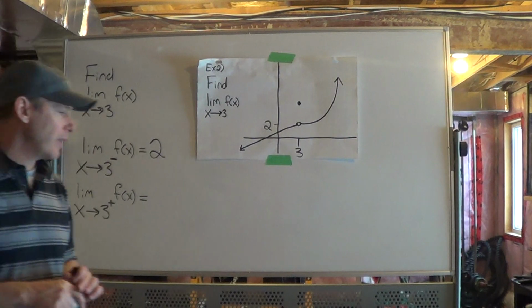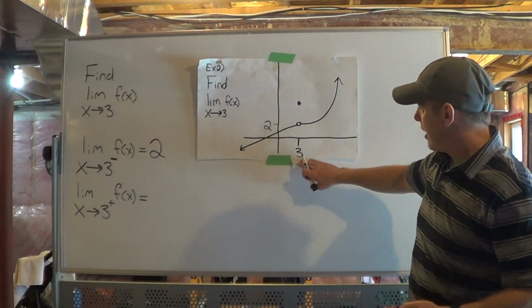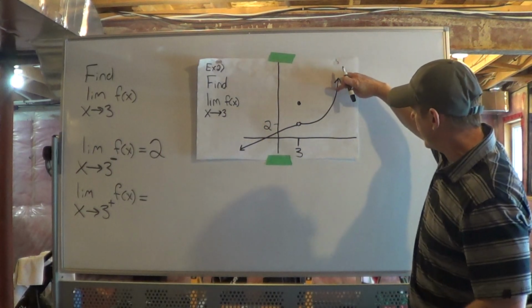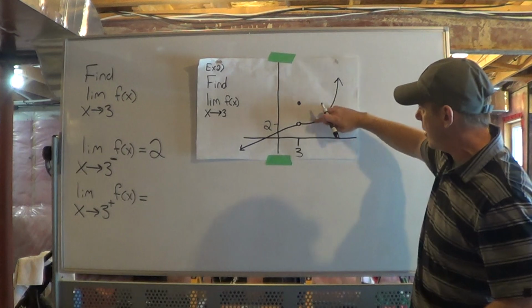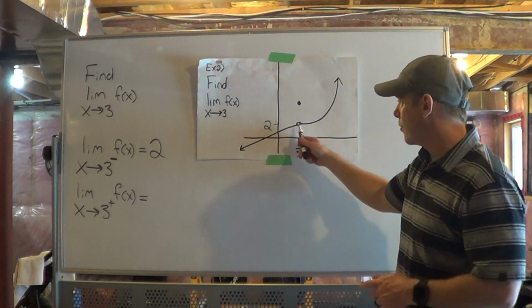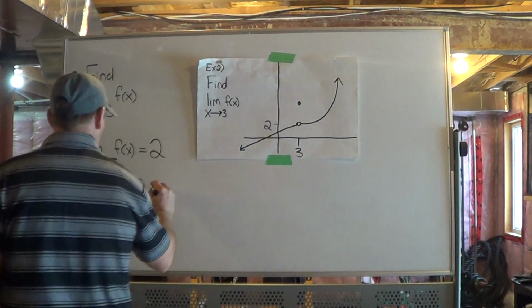And now I'm going to look at the right-hand limit. So I'm coming towards 3 here, but from the right-hand side now. And I've got a curve here, and it goes down, and down. And again, as we approach 3, it has a height of 2.